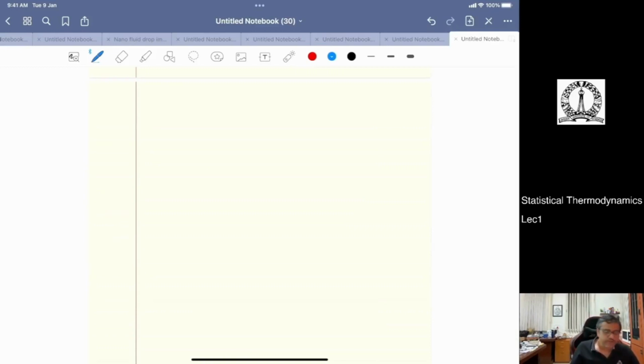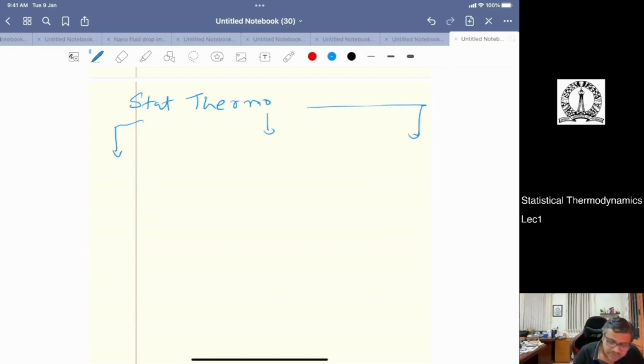As we can see, the framework for statistical thermodynamics can be divided into three conceptual themes, and we can go through them one by one. The first is equilibrium stat thermo. The equilibrium stat thermo will focus on independent particles.